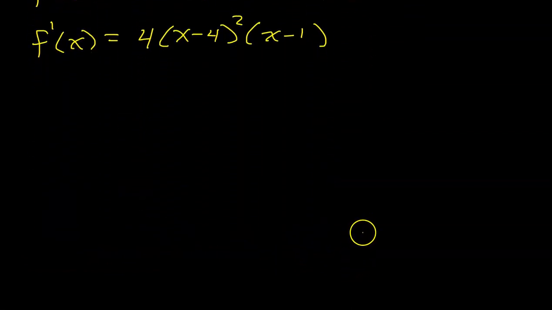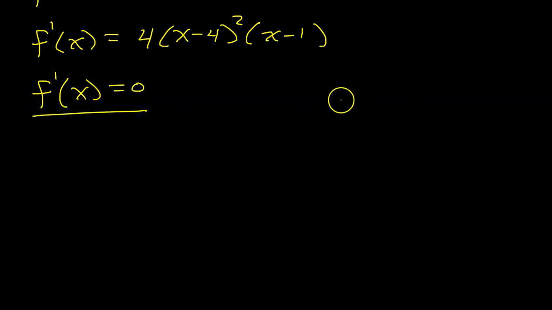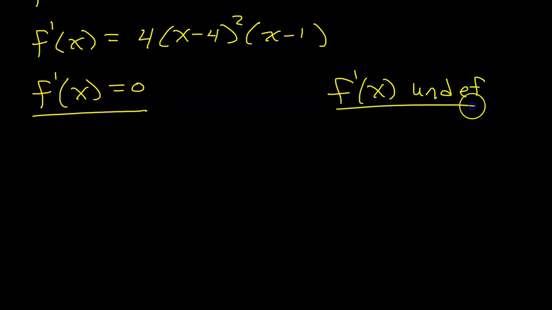In order to perform the first derivative test, we need to find the critical numbers, which will be where the first derivative is equal to 0. It normally would also be where the first derivative is undefined, but for a polynomial function, there's none of those.